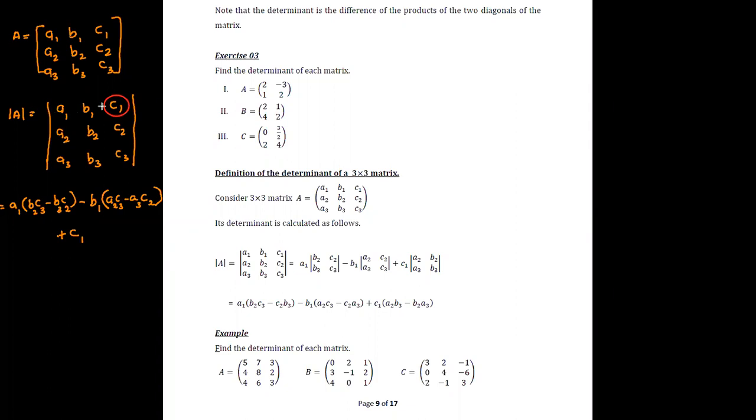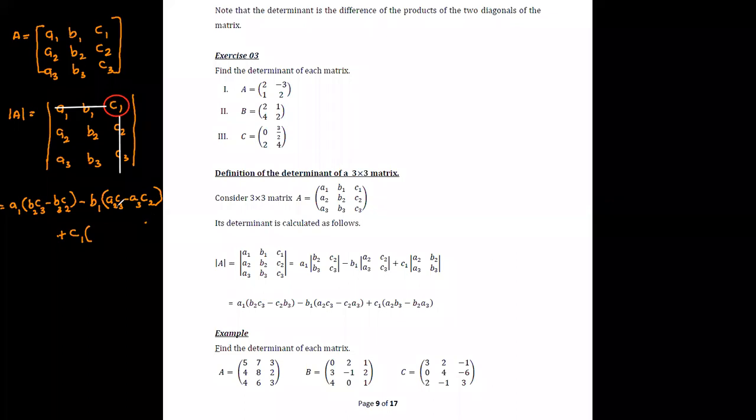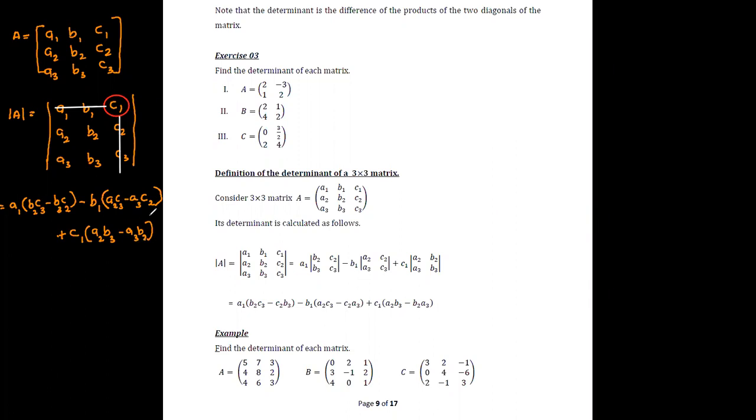We cut off the row and column associated with the value, then take the difference of the products: A2 with B3 minus A3 with B2. This is how we obtain the determinant of a 3 by 3 matrix.